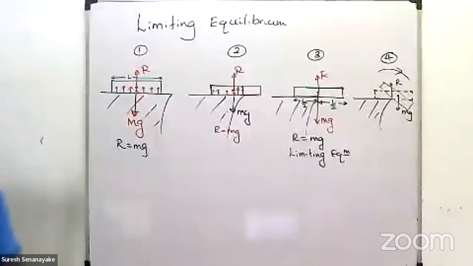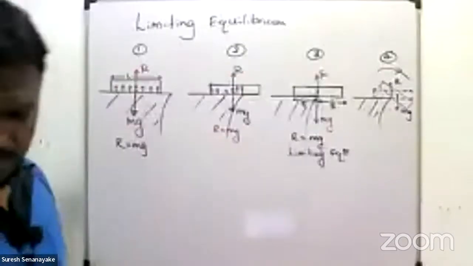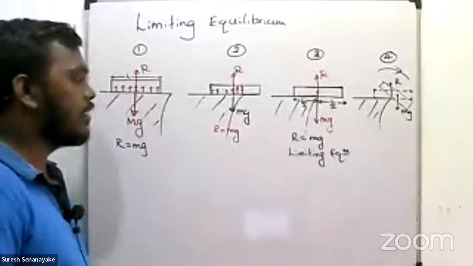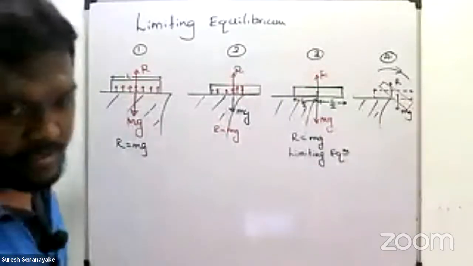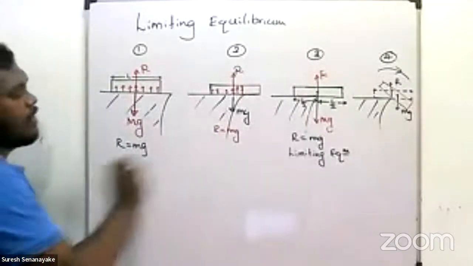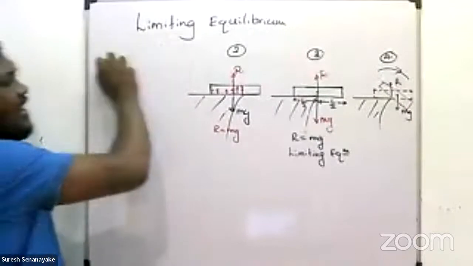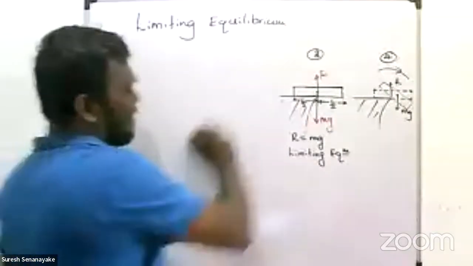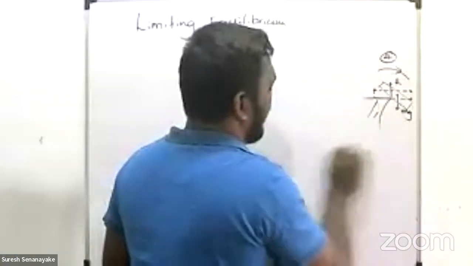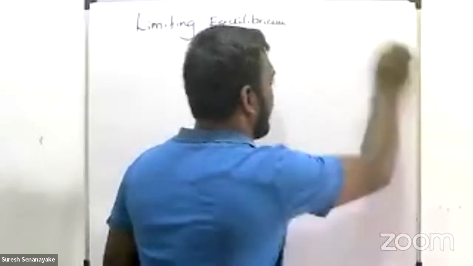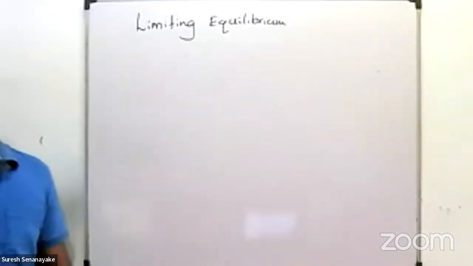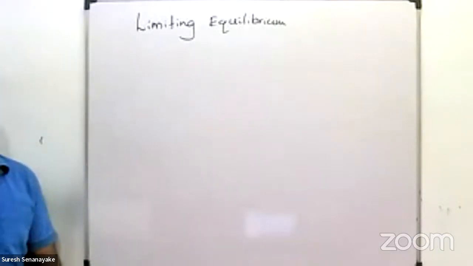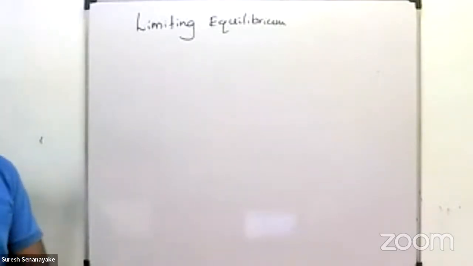We can say there is another situation like this, another case of limiting friction. The limiting equilibrium can be due to friction also.